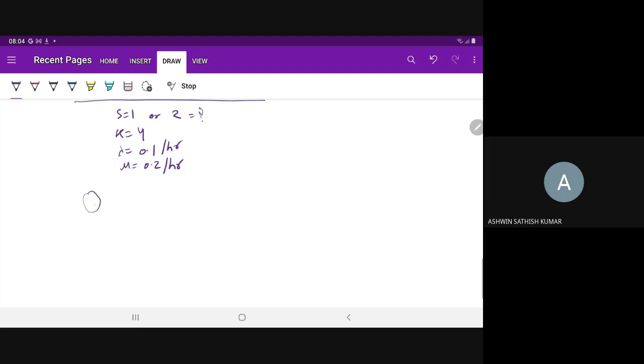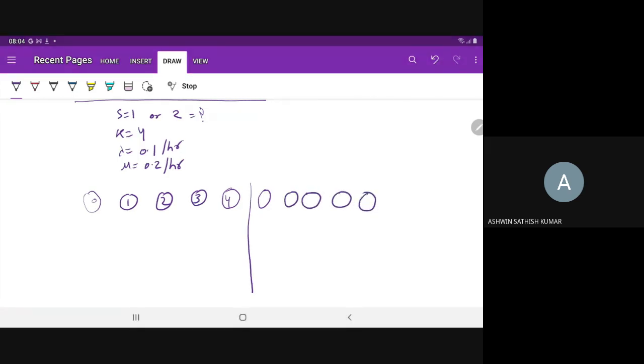Initially we have 0 failed machines, thereafter 1 failed machine, 2 failed machines, 3 failed machines, and at most we can have 4 failed machines.